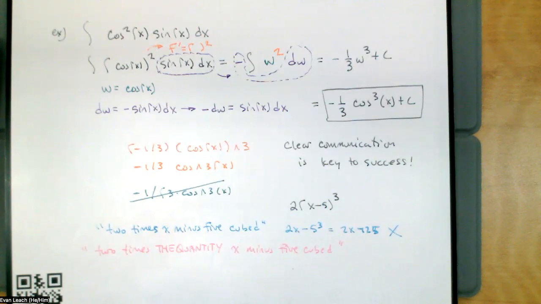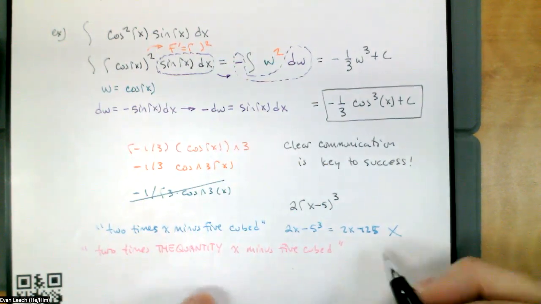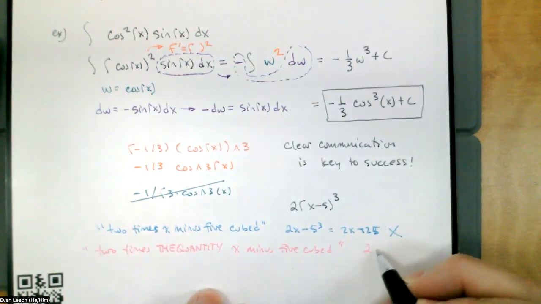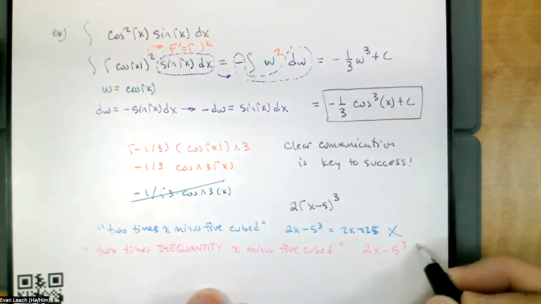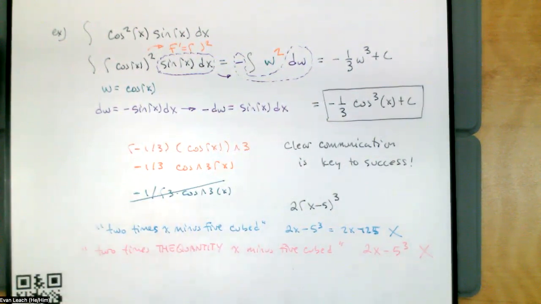You're still miscommunicating. This still can easily be read 2 times the quantity x minus 5 cubed. Still a miss. And if you turn back and rely on the fact that, well, the quantity means the next operation, now you're making assumptions that the person to which you're trying to communicate will definitely interpret things the same way you do.